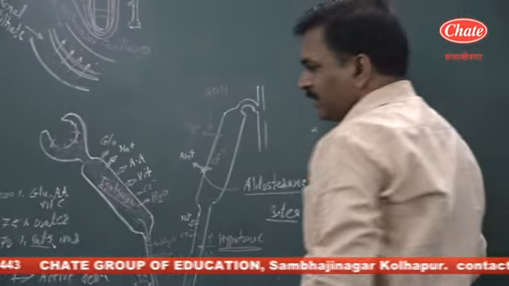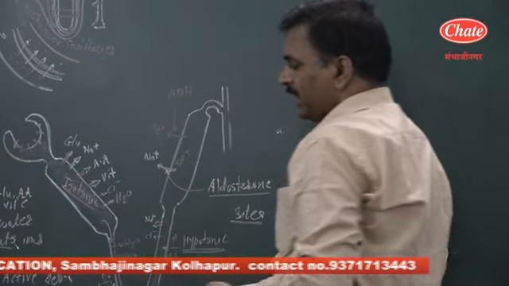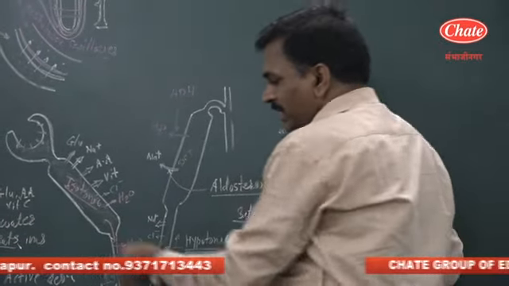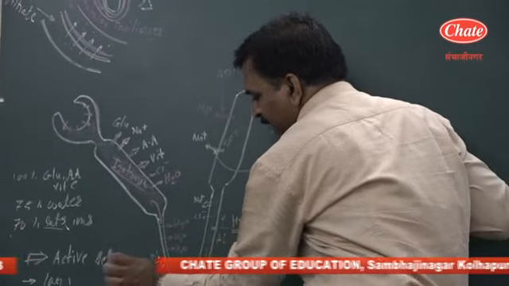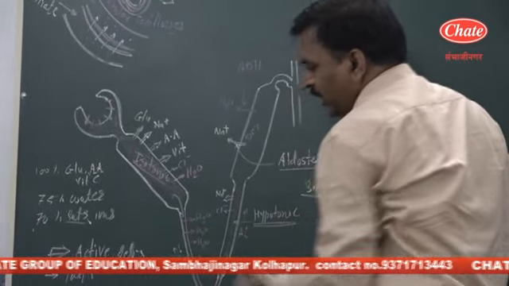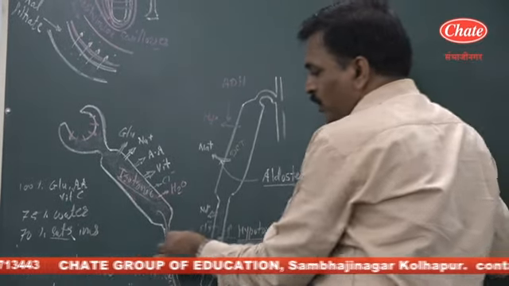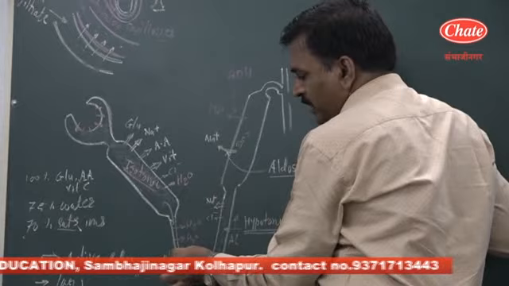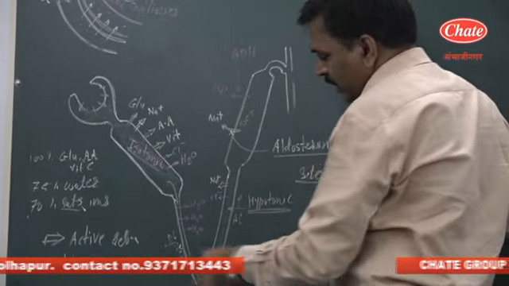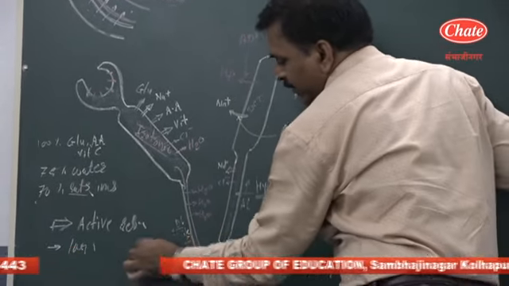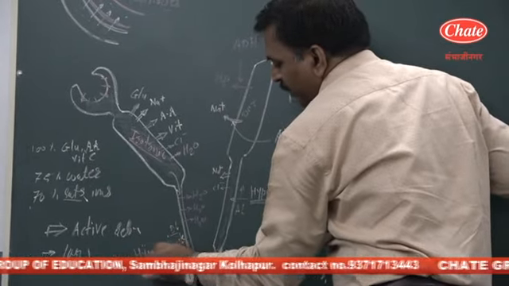Near about 75% of the content is reabsorbed in the PCT. Now the renal filtrate enters the descending limb, which is thin walled, permeable to water and impermeable to salt. So water reabsorption occurs from the descending limb, about 10%, and the content becomes hypertonic.